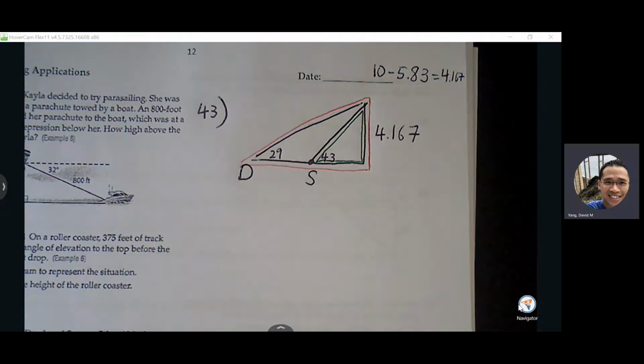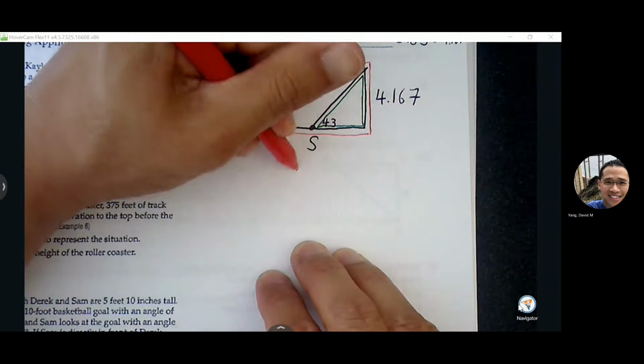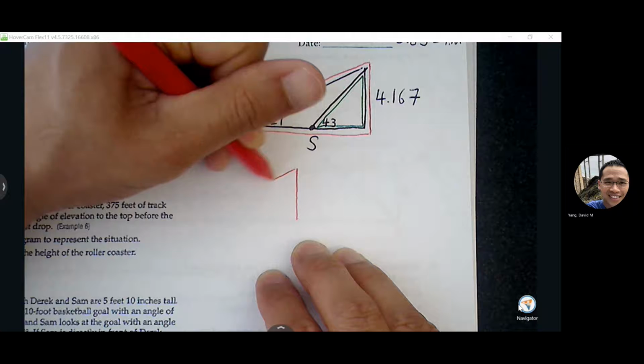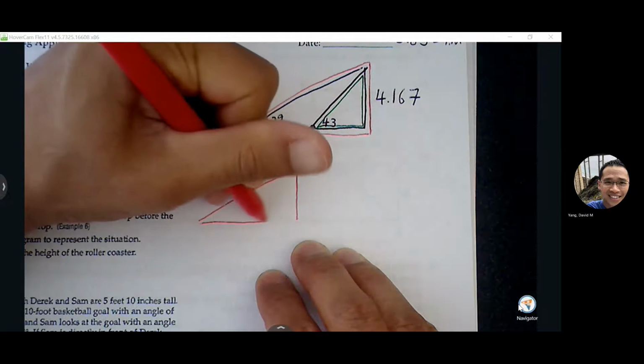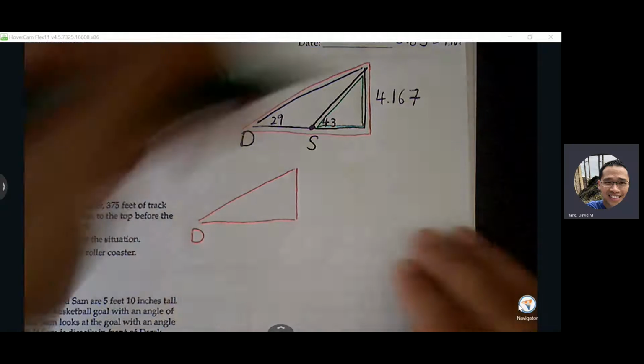So I highlighted Derek in red and Sam in green. So I'm going to separate them and just worry about them individually. So let's do Derek here. Derek is in red here. Sam is in green.